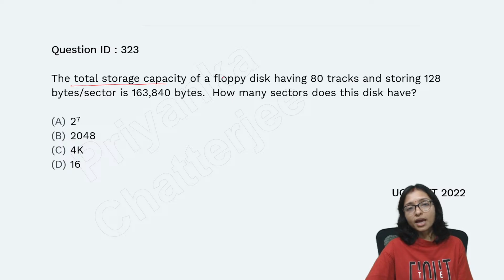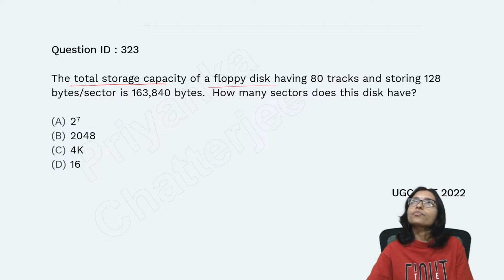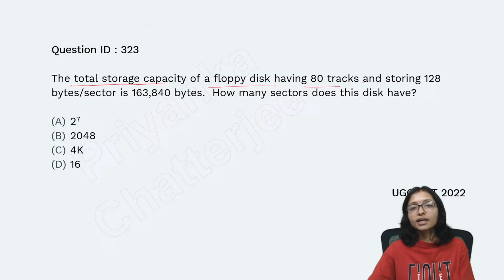Total storage capacity of a disk. It is there, I think, in the most important topics of computer science. In that playlist it is there. 80 tracks and 128 sectors, this many bytes.